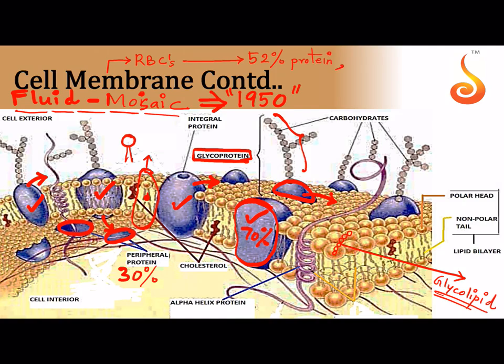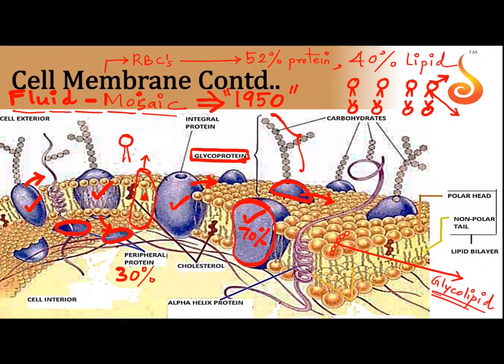That means protein is so abundant in the cell membrane, and only 40% of it is made up of lipid. And like I told you, the lipid is arranged in the form of a bimolecular layer which has tails buried in the center and the heads protruding outside. These are called the polar or hydrophilic heads, and these tails are referred to as the non-polar or hydrophobic tails.